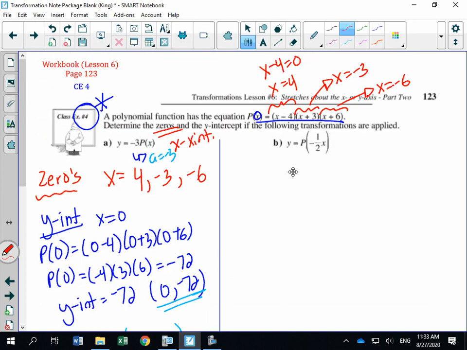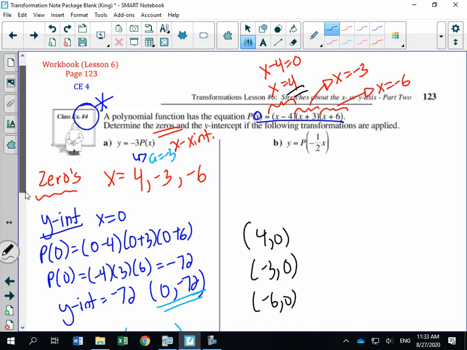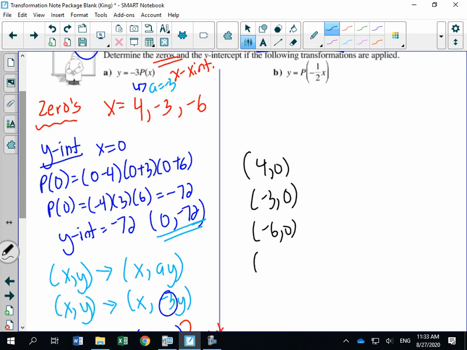Okay, let's do the exact same thing. For the original function, the x-intercepts were 4, 0, -3, 0, and -6, 0. The y-intercept of my original function was 0, -72.